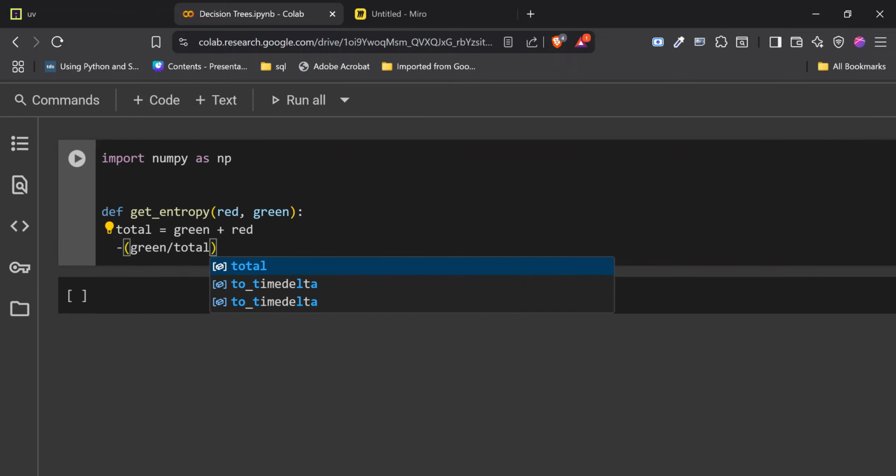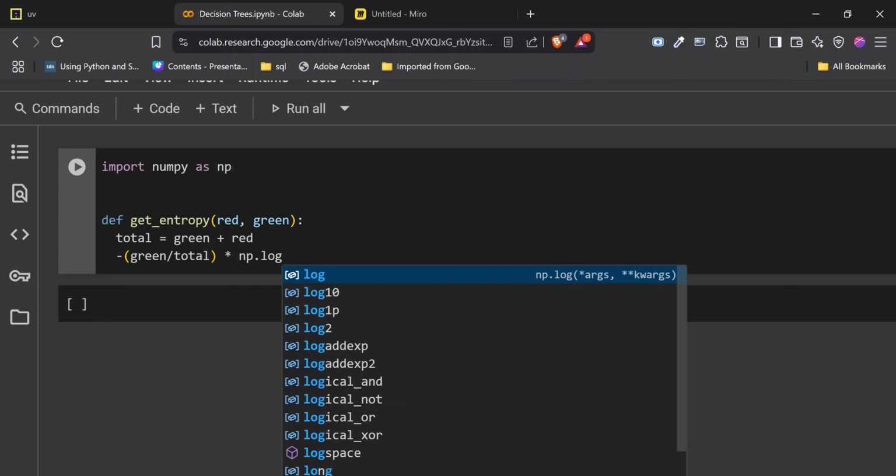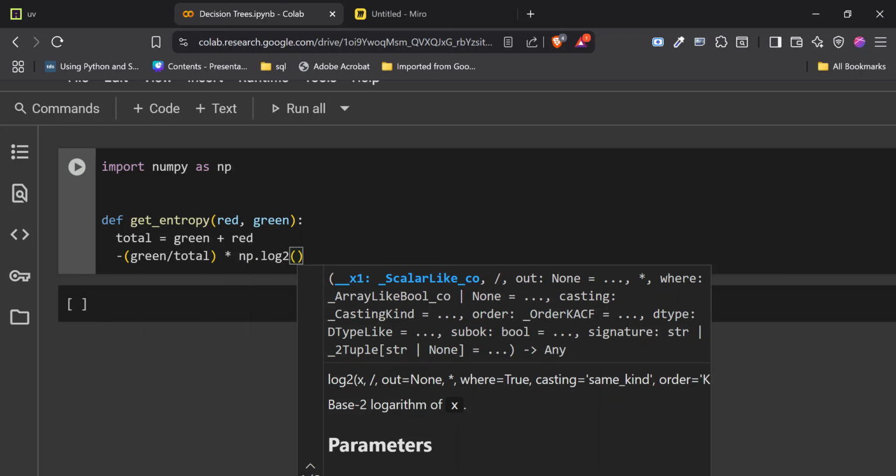Let me zoom in a bit so you can see. So negative green divided by total, that's going to be multiplied by log, and that's going to be np.log2 of green over total. So we could actually make that probability.